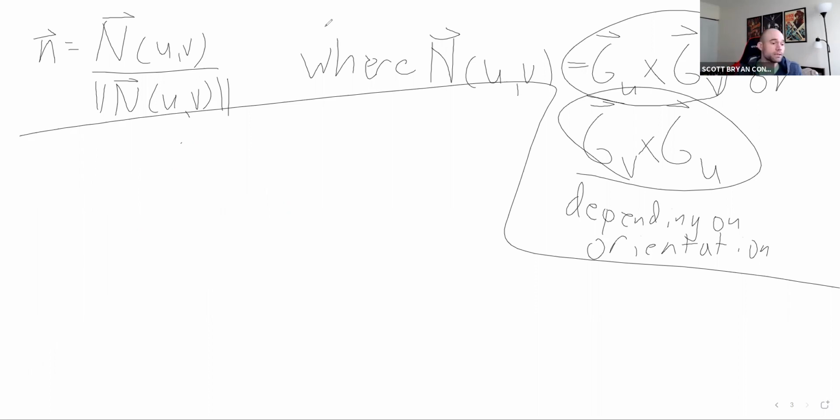Okay, so the way we integrate vector fields is the same as for scalar functions. Let me write it like this.